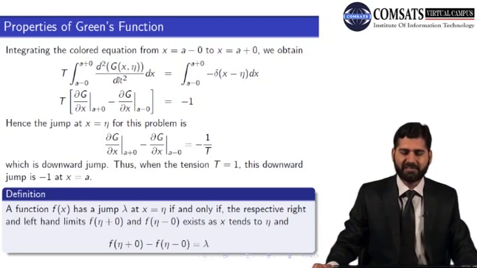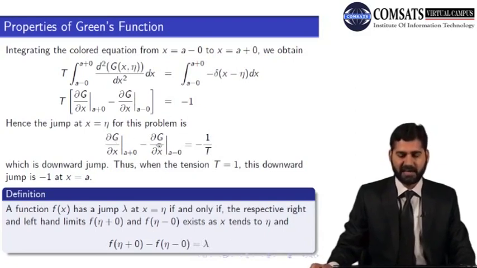So the integral of the second derivative gives me the first derivative. So the first derivative of g with respect to x from a minus to a plus is equal to -1. Hence the jump at x equal to eta for this problem is this one. You see, if I divide by T on the right hand side, I got this one.